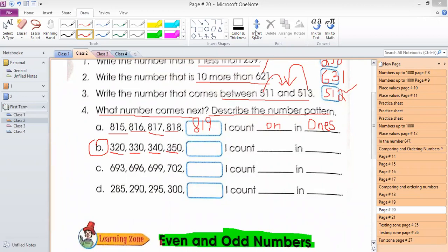Yusuf Hani, very good. Umar Mohsen, very good. All right, guys, I'm going to open your mic and you will tell me. After 350, what should I write? 360. Very good. It is 360.